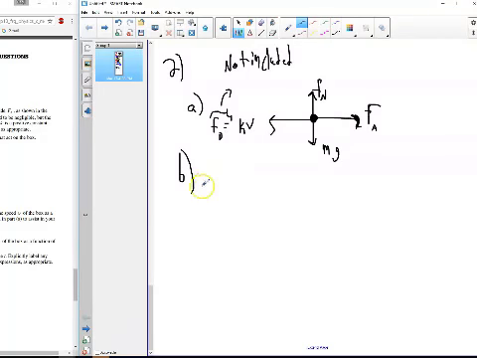Well, to find the speed v, we need to define it as a function of time. This is kind of a memorization aspect, but you need to know that kv is equal to F_a, which is also equal to ma.